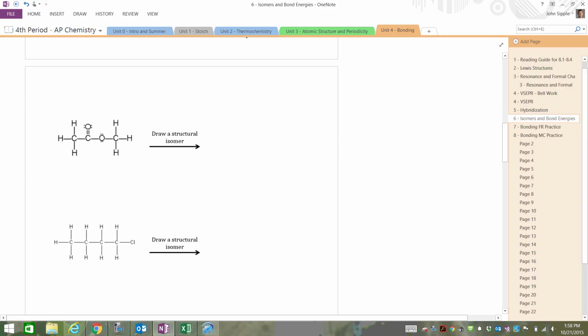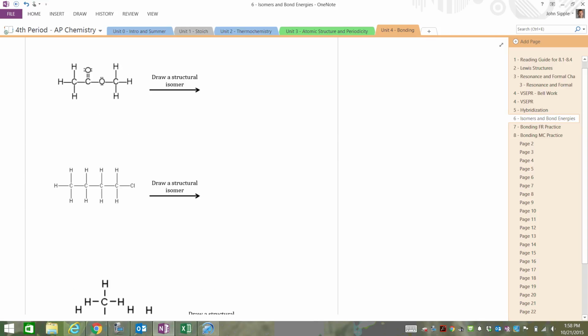So if we go down, we do a couple more here. You can start drawing a bunch of these as long as they're the same formula and you're moving things around a little bit. So I might draw one that's like C with the H's here.